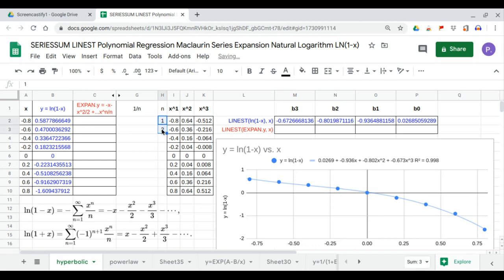In this case, we will go to 9. In the coefficients, we'll have 1 over 1, 1 half, and 1/3. So this is equal to a formula, 1 over the n values.